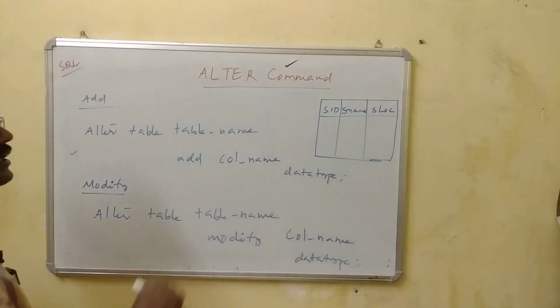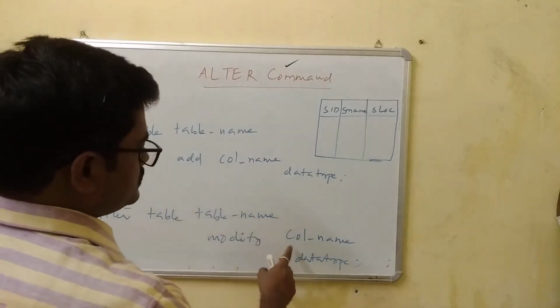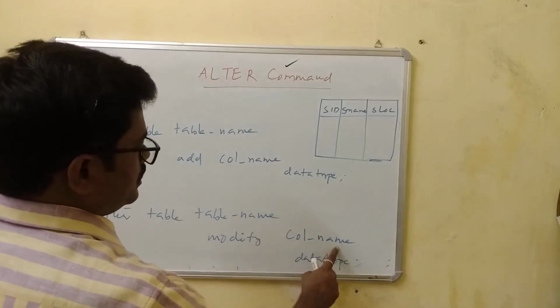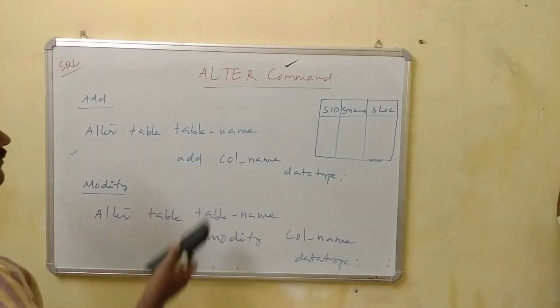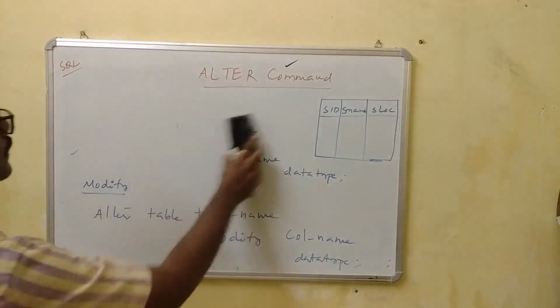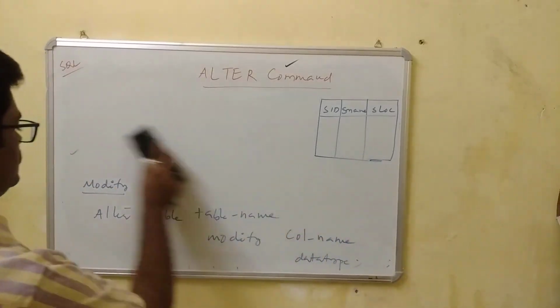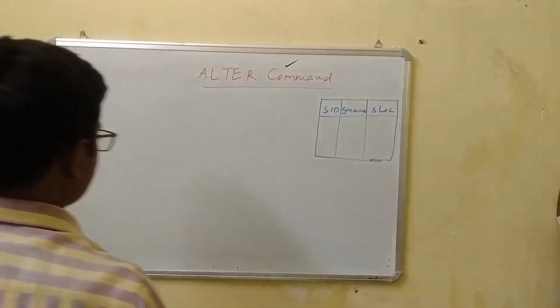The already existing data type is something, and you want to modify it to a new data type. In such a case we need to mention that column name and the new data type you want to modify it to.